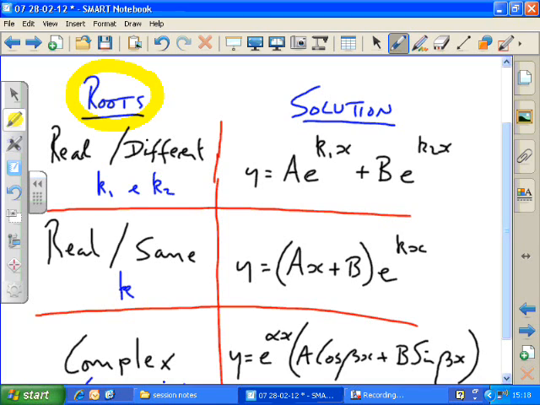And there are 3 different types of solutions we can get. The first type is if we get 2 real roots, 2 real solutions to this quadratic equation. And these are 2 different solutions. So we've got 2 values, k1 and k2.